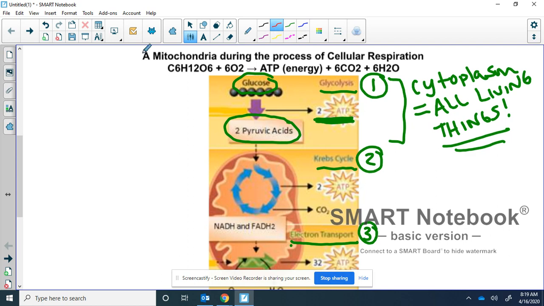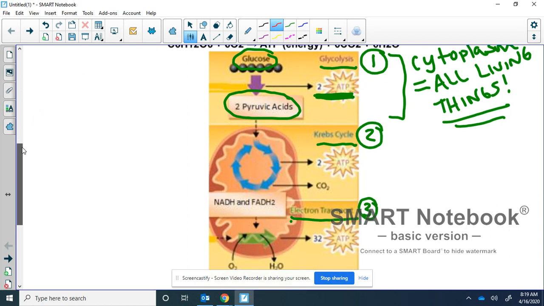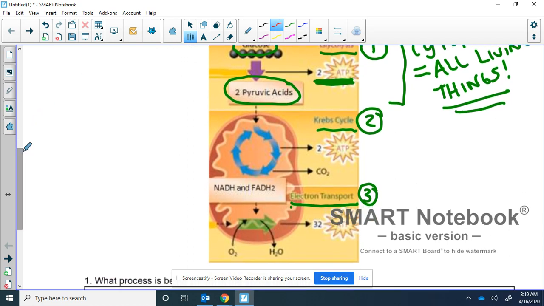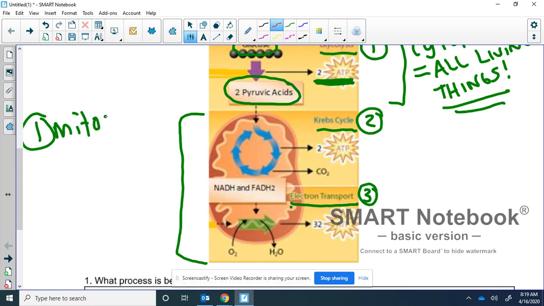The next 2 steps happen below, and they only happen if 2 conditions are in place. Number 1, if the cell has what's called a mitochondria. A mitochondria is this structure over here that's orangey reddish and looks like a big bean. The mitochondria is where these processes take place.